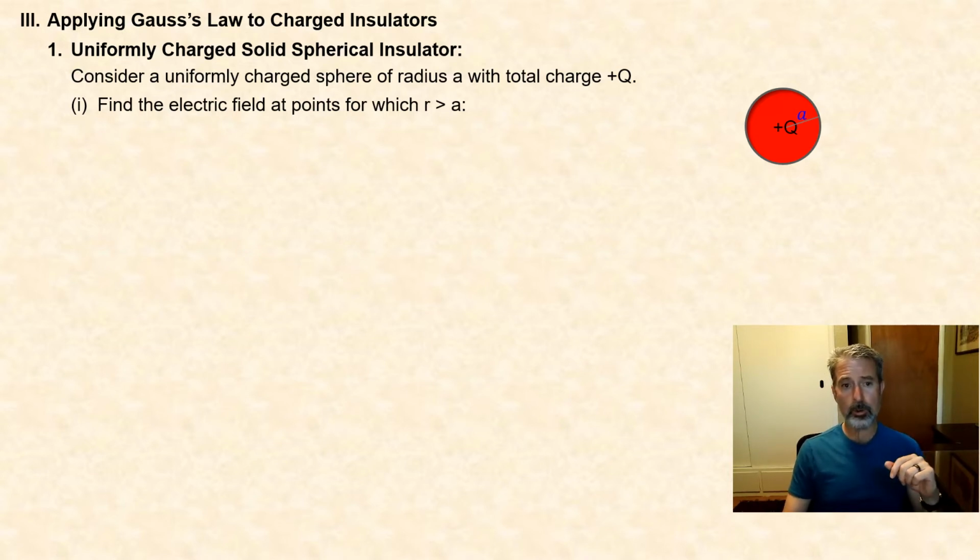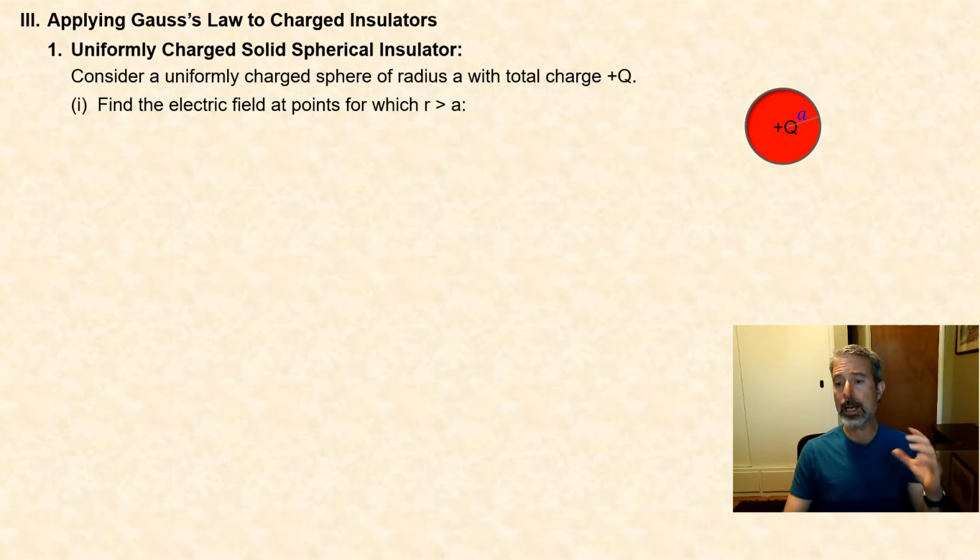So in this problem, we're told that a uniformly charged sphere of radius a has a total charge plus Q. It's a positively charged sphere, and it is uniformly charged. So it is a solid sphere having this uniform charge distribution with a total charge plus Q. The first part of the problem asks us to find what the electric field looks like for points for which r is greater than a.